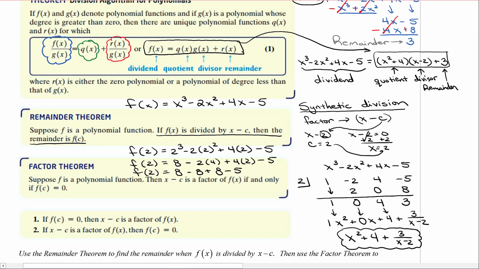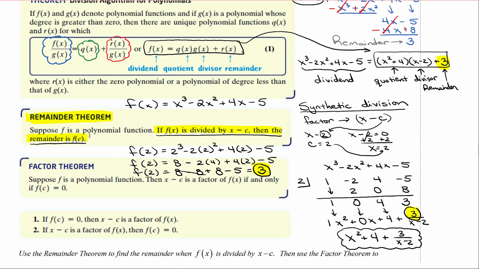If I did everything correctly here, this should come out to 3. f of 2 equals 3. And that just happens to be the exact same thing I got as my remainder, whether I did synthetic division or long division. So that's pretty cool, right? That's called the remainder theorem.